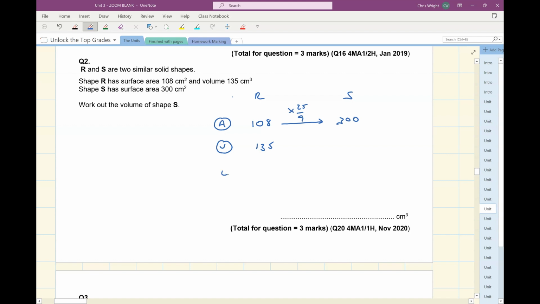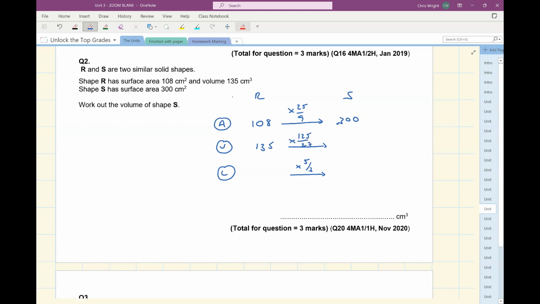So from that I can work out the linear scale factor by square rooting 25 over 9. And so from the linear now I can work out the volume scale factor by cubing 5 over 3. So that's 125 over 27.